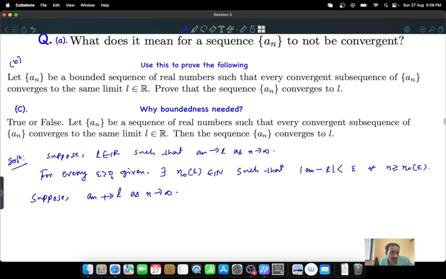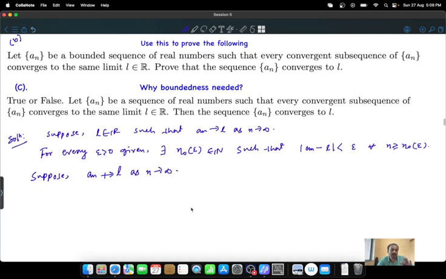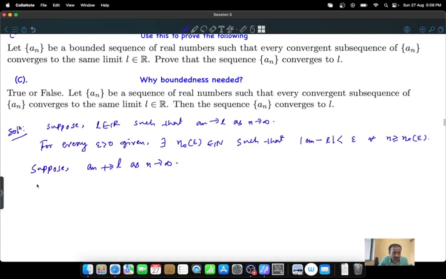That means you will get at least one epsilon such that all these things will not happen. So let's write that much first: there exists at least one number, say epsilon. This is true for every epsilon, and this has to be false, meaning you will get at least one such that all these things will not happen. That means there exists one epsilon such that.